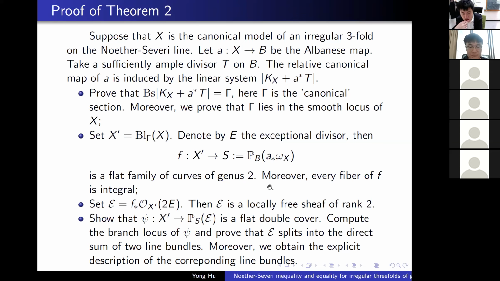Okay, let me move to the next question. Do you have any restriction on the base S? Because your S is a ruled surface over an elliptic curve, right? Yes. Can it be arbitrary? You mean a lower star omega X? Yes, can it be trivial, or arbitrary?